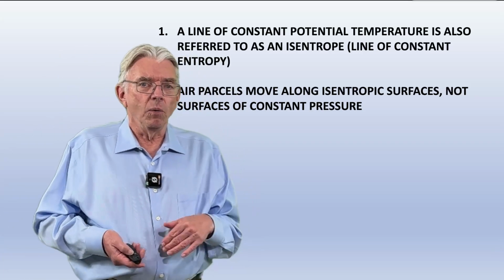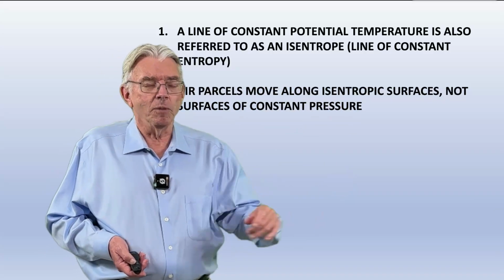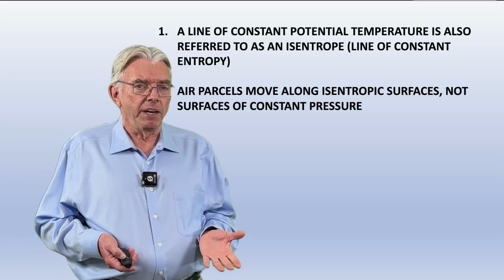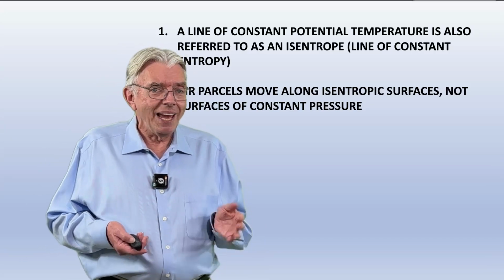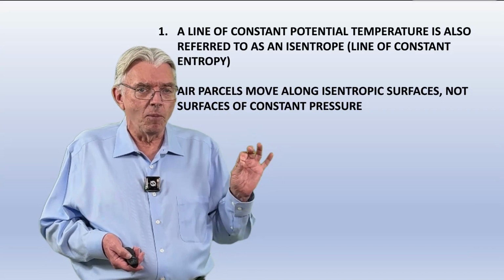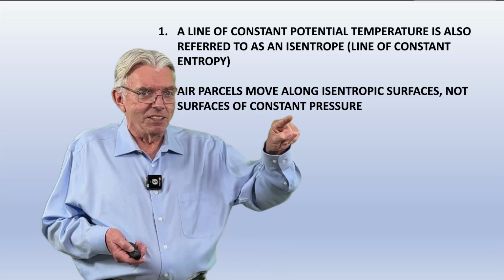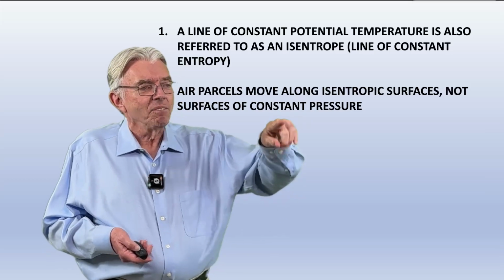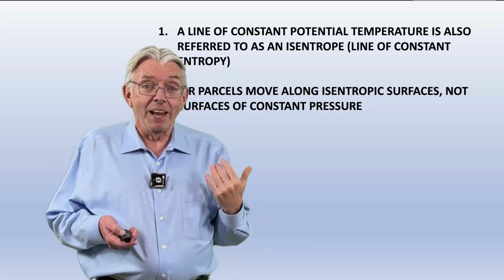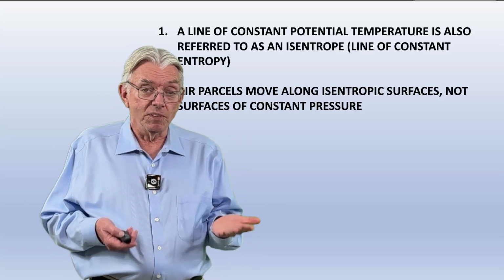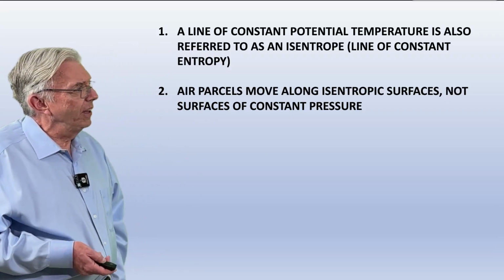The reason when you go into a weather office that you see an 850 millibar map and a 700 millibar map and a 500 millibar map is that the equations in meteorology are simplified if you use constant pressure surfaces. But you can't actually look at an 850 millibar map and say, okay, the wind is from the southwest and it's plus 10 degrees C here, and up here it's 0, and so that 10 is going to go right toward that 0, because air does not move along surfaces of constant pressure. It moves along isentropes. So that's what I wanted to point out there.